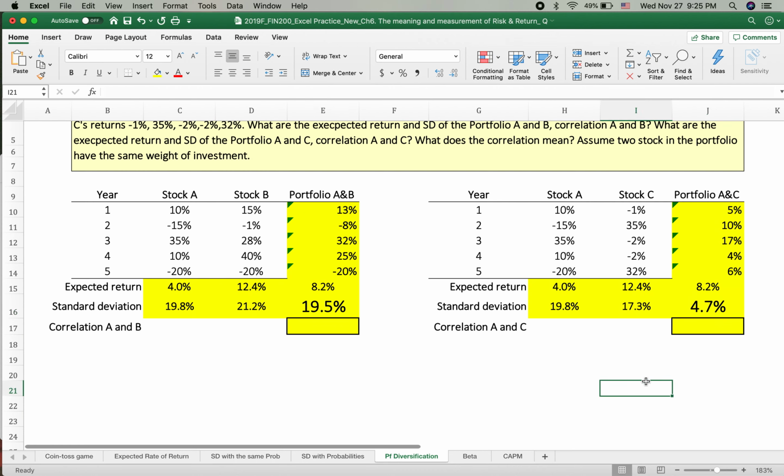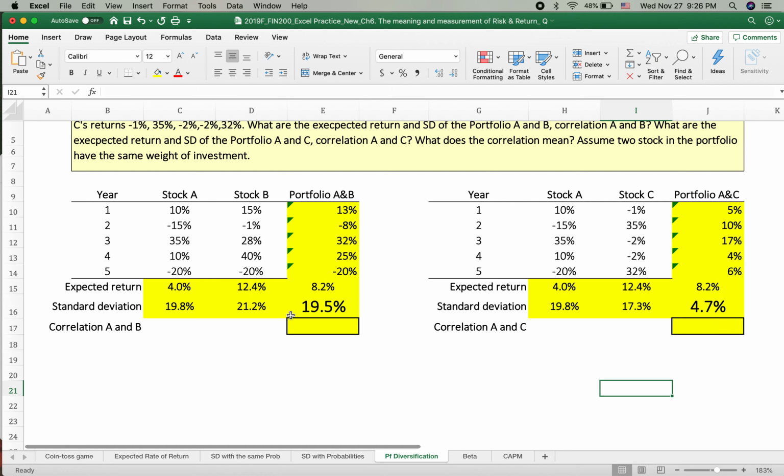So we could significantly reduce the standard deviation with portfolio A and C. Why? Why is it possible? Because the 4.7% came from the correlation of A and C being negative.